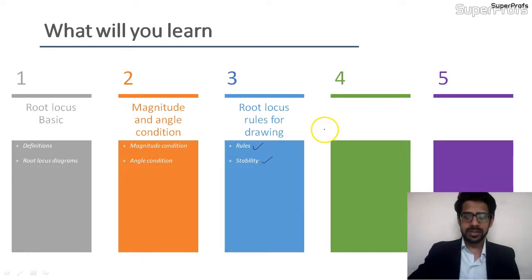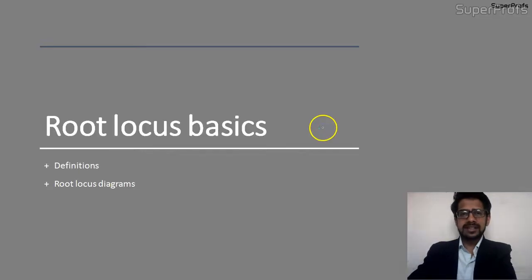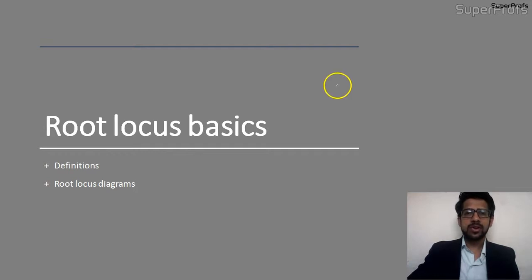Let us go forward into the next slides and see the root locus basics, in which we are going to see the definitions and some of the typical root locus diagrams. Now, all of you already know that a closed loop transfer function is given as G of s upon 1 plus G of s H of s.